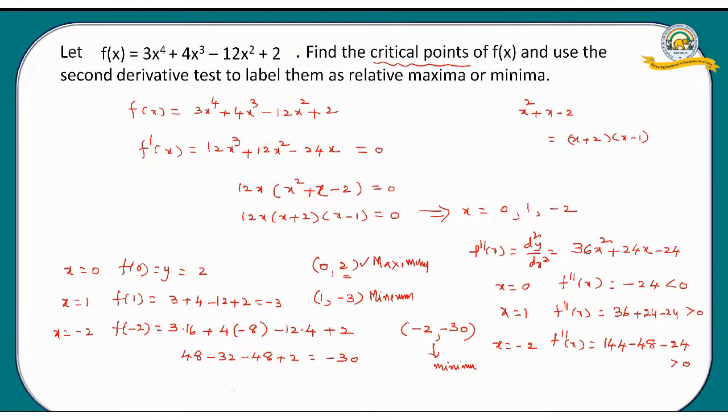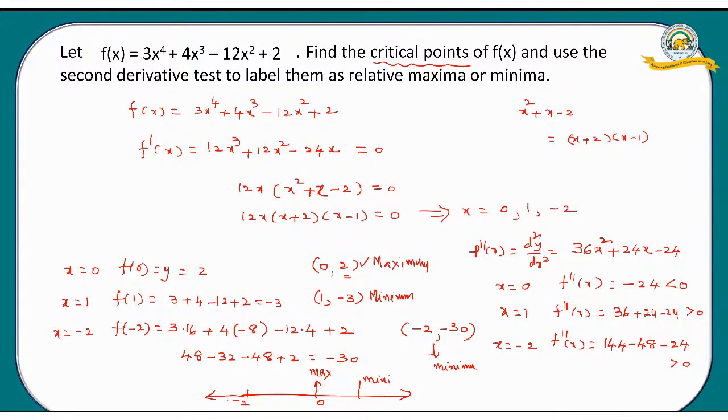If you draw a number line, you can understand this is 0 and 1 and minus 2 on the number line. You can verify whether these maxima and minima occur alternatively or not. At 0, the function attains maximum. At 1, the function attains minimum.